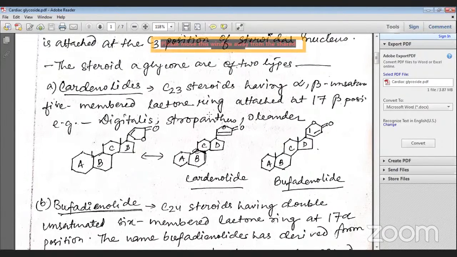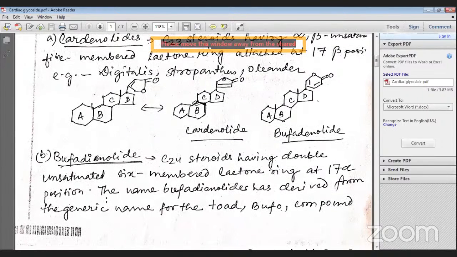This is very important because the position of the lactone ring distinguishes which type of cardiotonic glycoside is present, either cardenolide or bufadienolide. In case of bufadienolide, there is a 6-membered lactone ring present at the 17 alpha position.